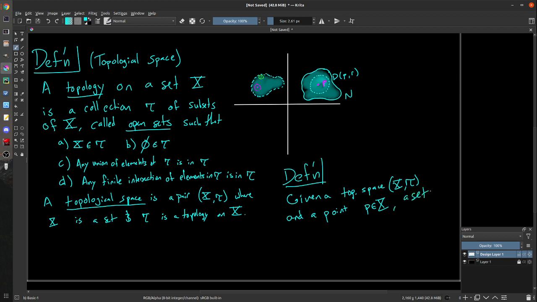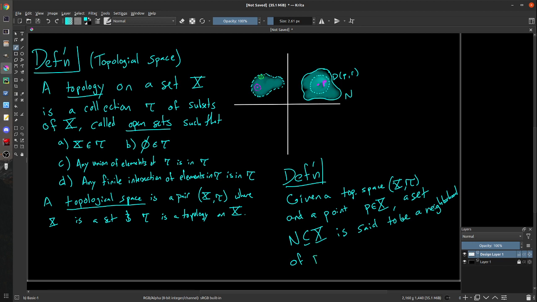So if we take a point P in X, and we have a topological space (X, tau), a set N contained in X, notice it doesn't have to be a member of the topology, is said to be a neighborhood, which people often abbreviate by NHBD, though in the definition I should write it all the way out.